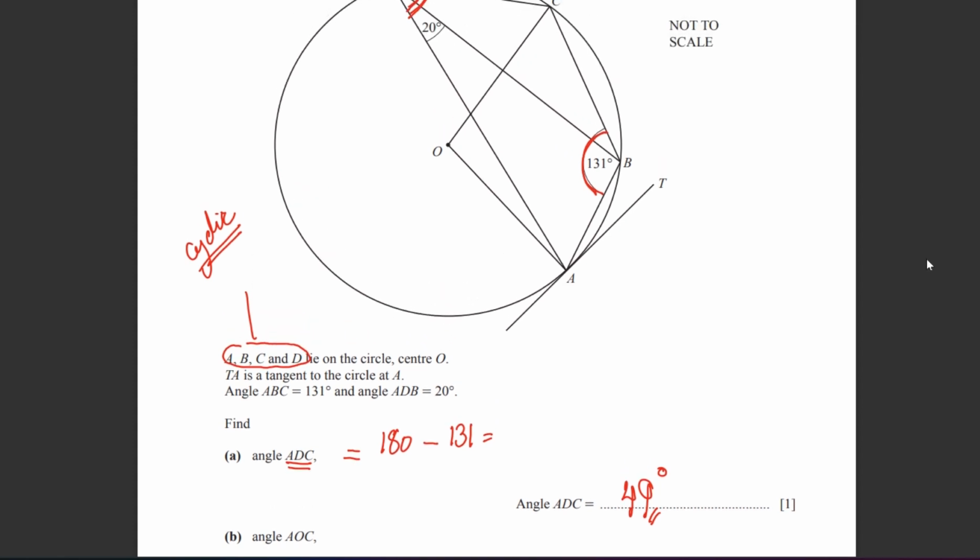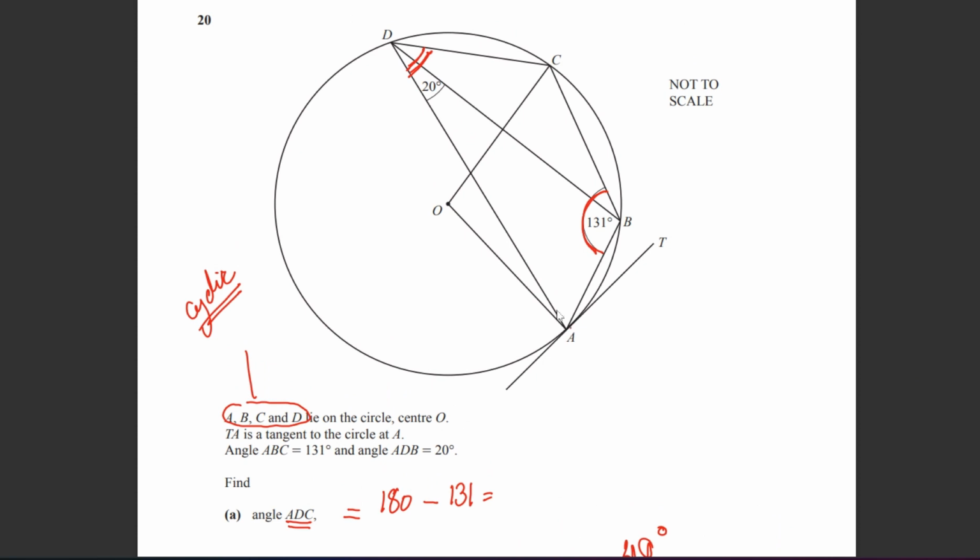Whenever he is asking about a central angle, go and search for a circumference angle that is sharing the same arc. If I am seeing this arc, which is AC, and this is the central angle of it, I can see also that this angle is sharing the same arc, which is 49.